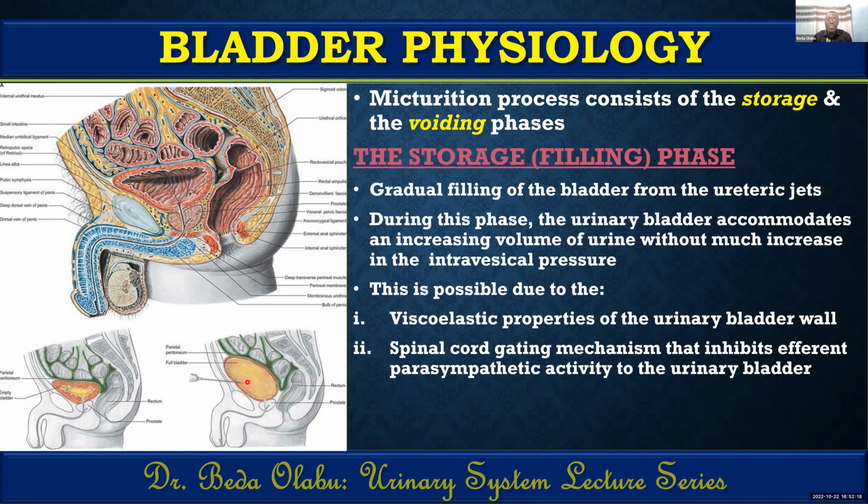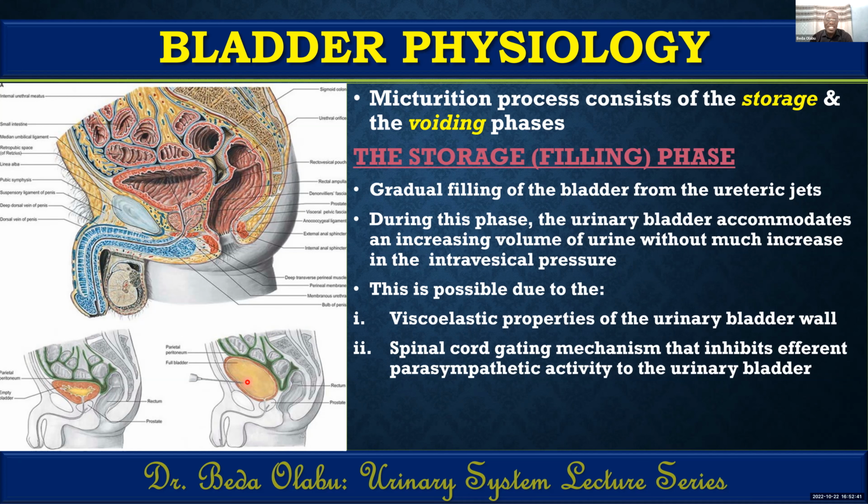There are some inhibitory signals that are sent from the spinal cord because of the filling of the urinary bladder. As the urinary bladder fills, the sensations that enter through the dorsal horn of the spinal cord are inhibited at that dorsal horn.